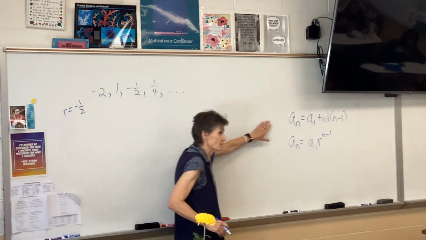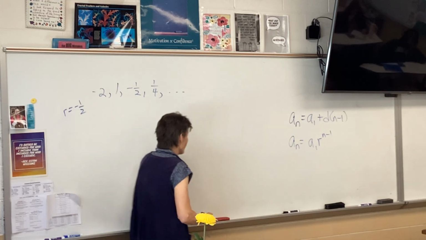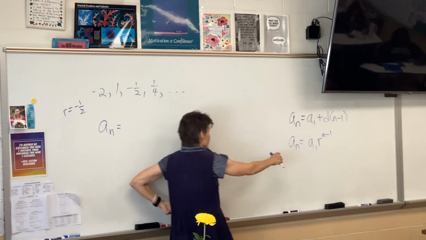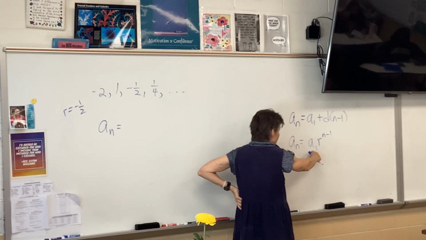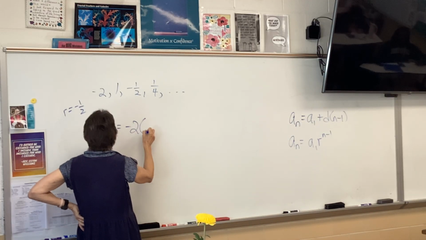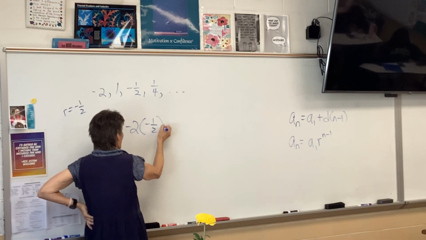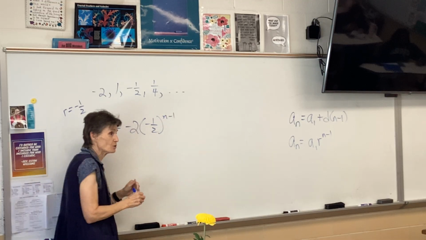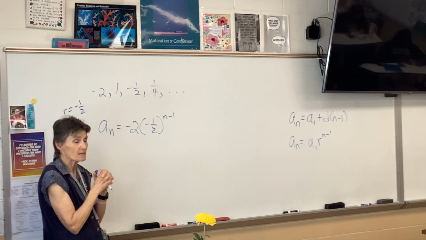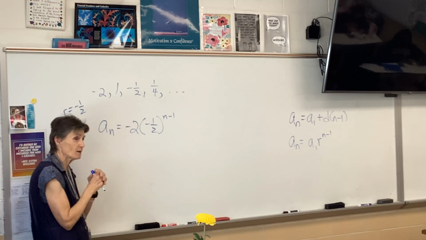These are your explicit formulas right here. So we're going to plug in our first term. Remember, this means first term. That's ratio. So I plug in -2, and then -1/2 to the n minus first, and that's it. We talked about this earlier in the year with our exponential functions.